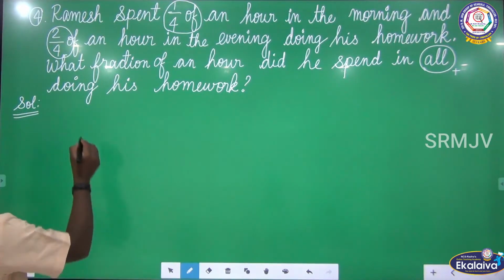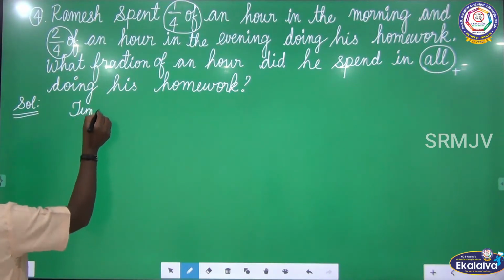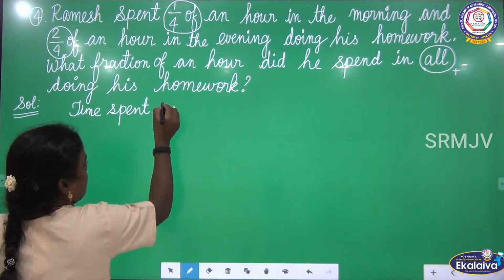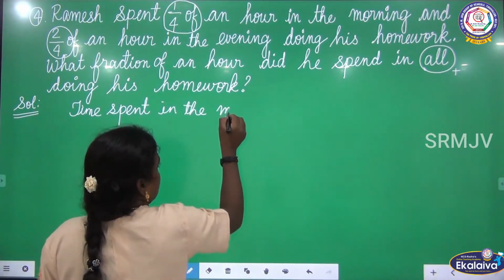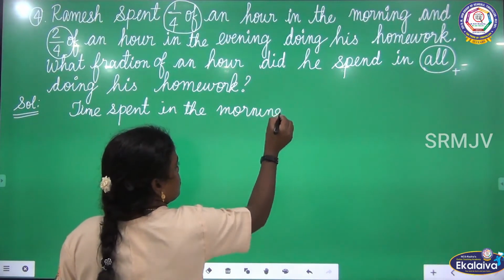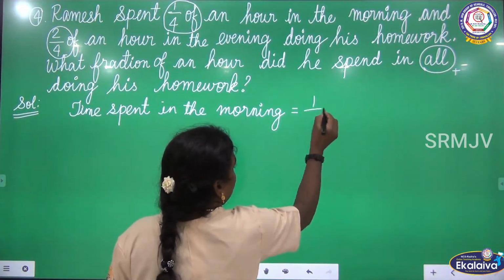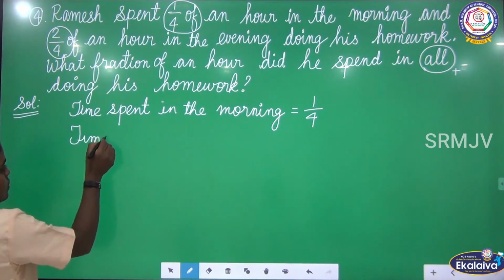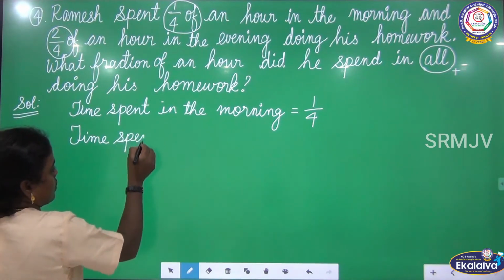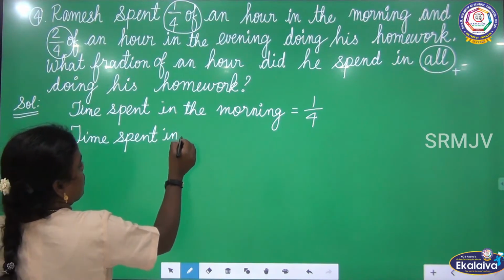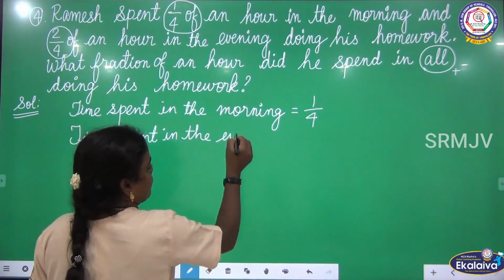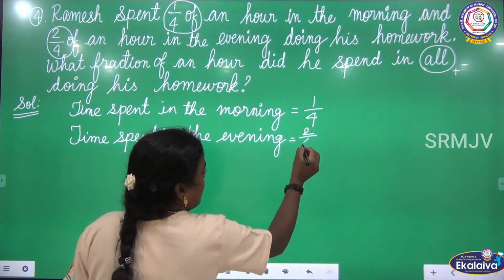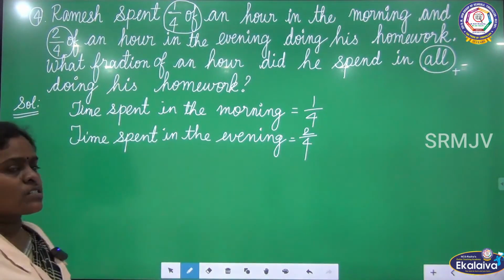First statement, time spent in the morning. So he spent 1/4 of an hour, and time spent in the evening is 2/4, and we want to find out the time spent in all.